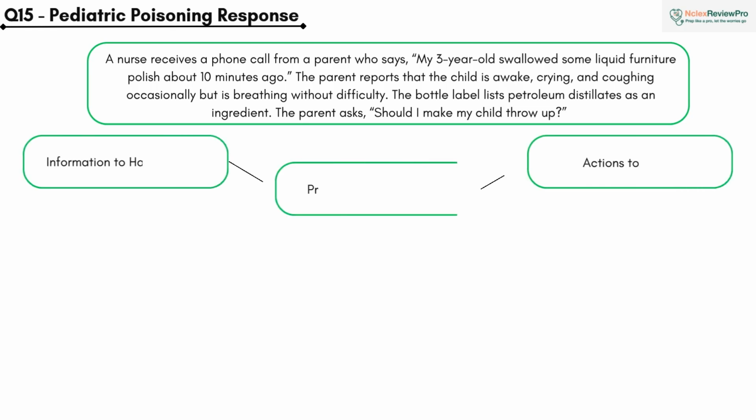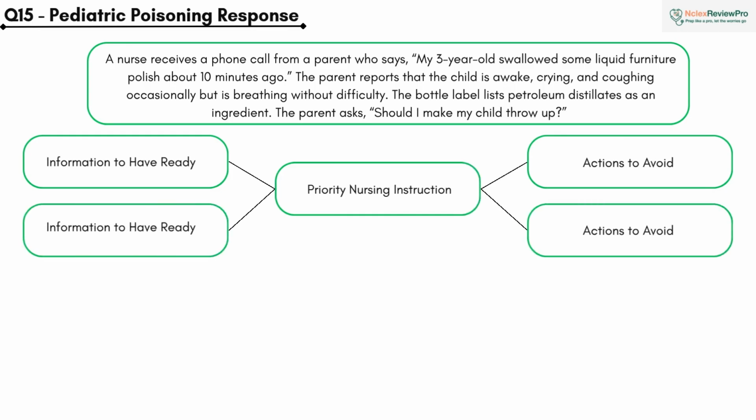And the question is asking you to complete the bow tie by selecting 3 things. First, 1 priority nursing instruction. Second, 2 pieces of information the nurse should tell the parent to have ready. And third, 2 actions the parent should avoid.